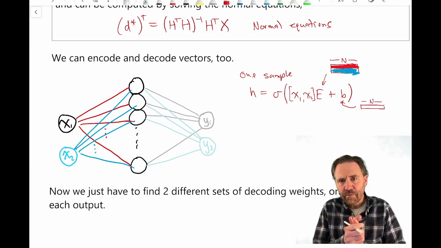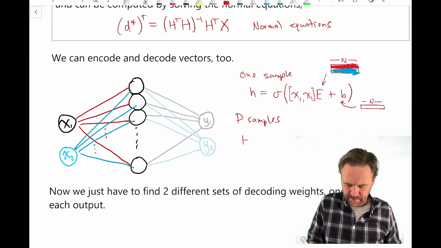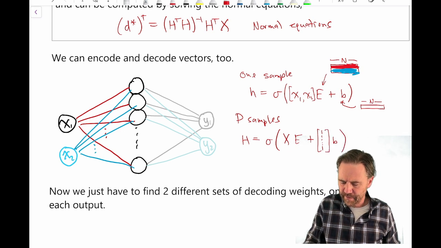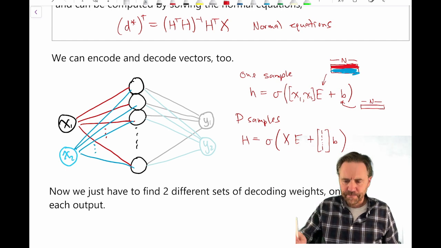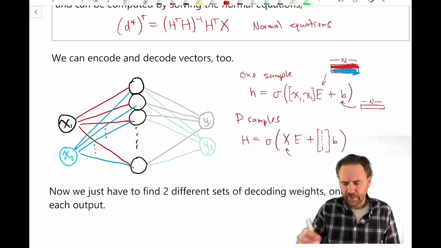Okay, now when we have p samples, like that, our h is going to be sigma of x times our encoding weights plus, as you saw before, a whole bunch of 1s times b. So this x here is going to have one sample per row.